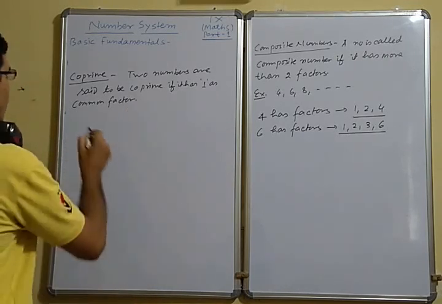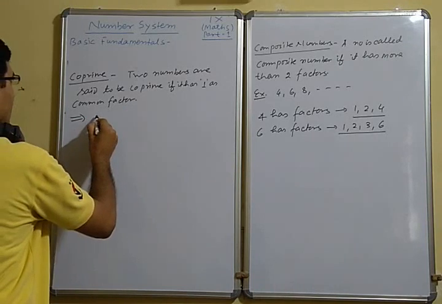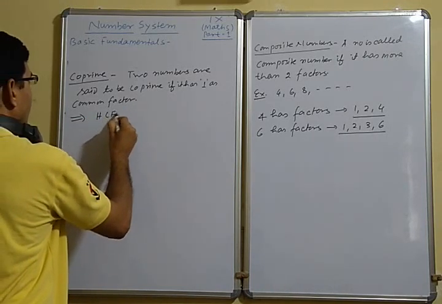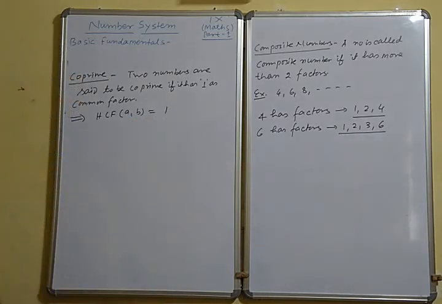That means we can say that if there are two numbers A and B, if the HCF of A and B is 1, that means they are always co-prime.